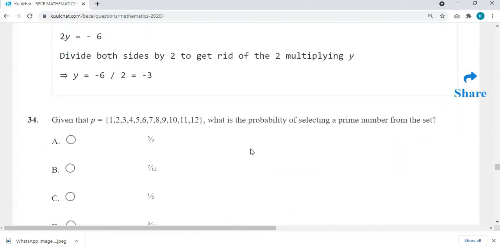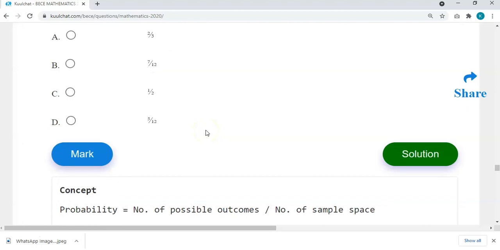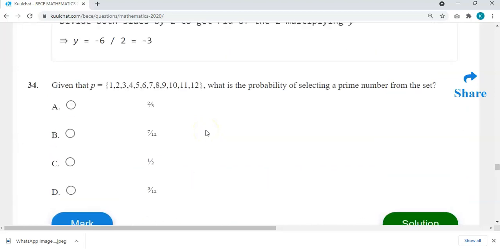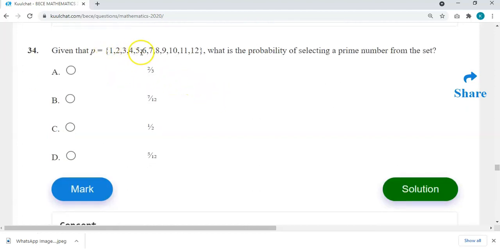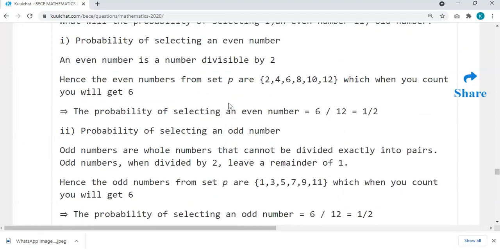In case in your subsequent examination they twist the question and ask you rather to select an even number, you have to list all the even numbers. Then we have 1, 2, 3, up to 12. So the number of even numbers you have over 12 will be the probability. In this example, the even numbers listed here are 1, 2, 3, 4, 5, 6. So you have 6 over 12.